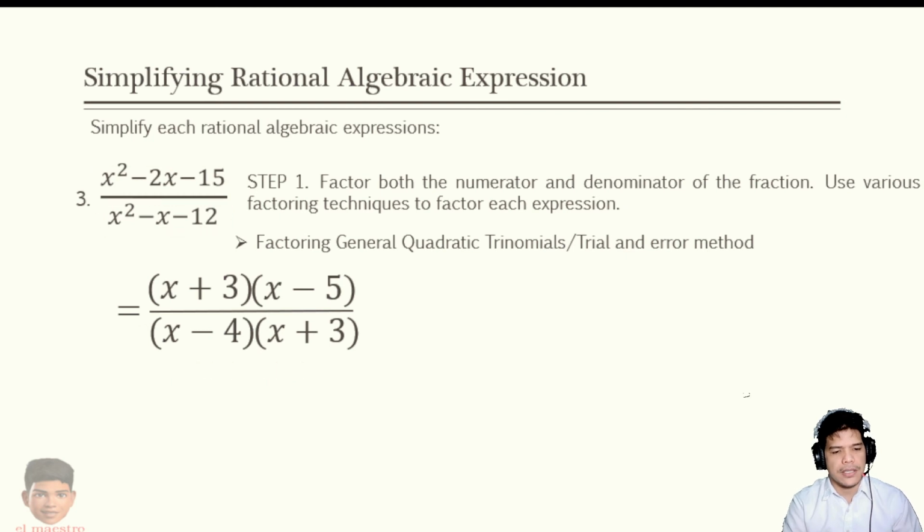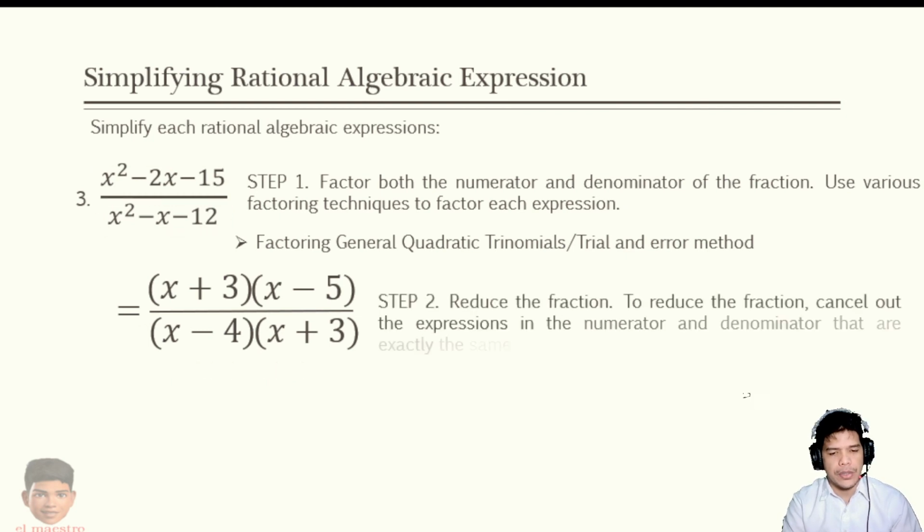So, let's proceed to step number 2. So, reduce the fraction by canceling out, tanggalin natin yung the same, okay? Or reducing the fraction by canceling out the expressions in the numerator and the denominator that are exactly the same. So ano yung the same? Yung unang same natin is itong x plus 3 at x plus 3.